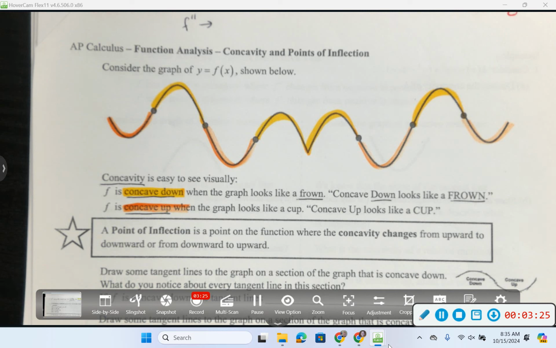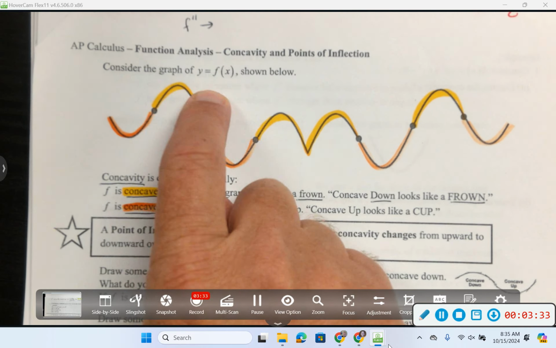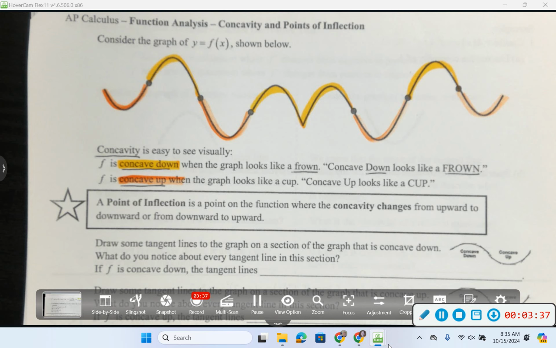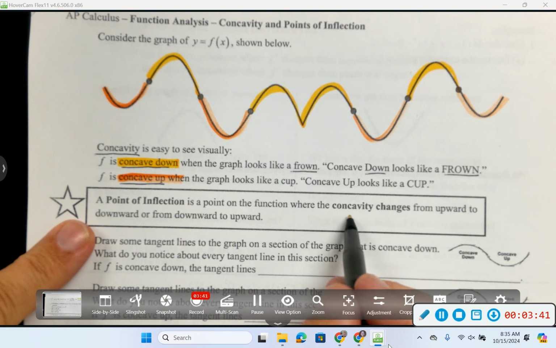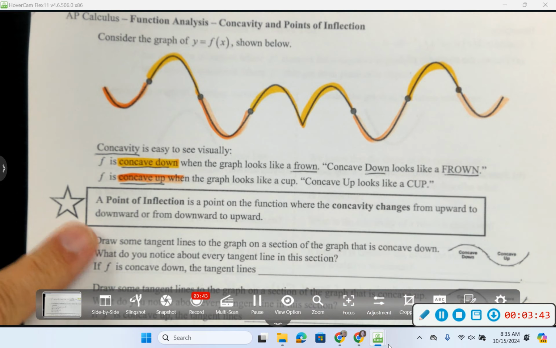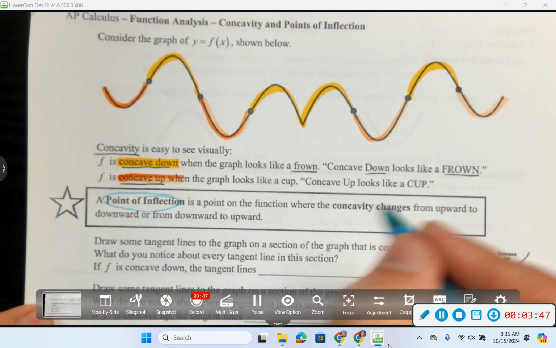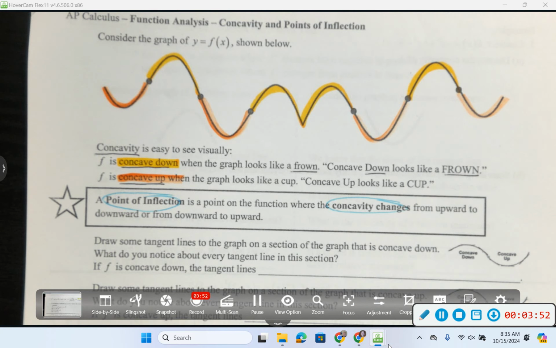So, like increasing and decreasing, max and min, if you have the picture, it's pretty easy to just look at the picture and see, oh, there's a max, there's a min, there's concave down, there's concave up. A point of inflection is a point on the function where the concavity changes, from upward to downward or downward to upward.